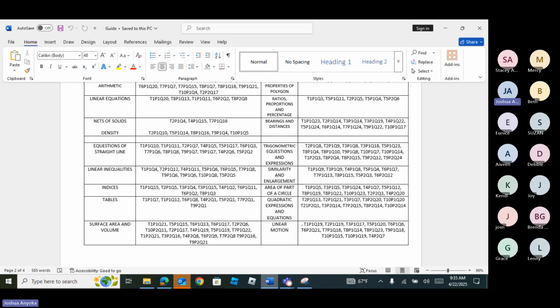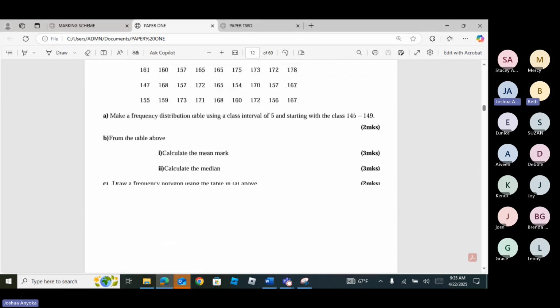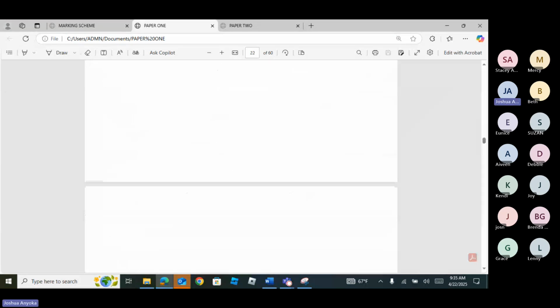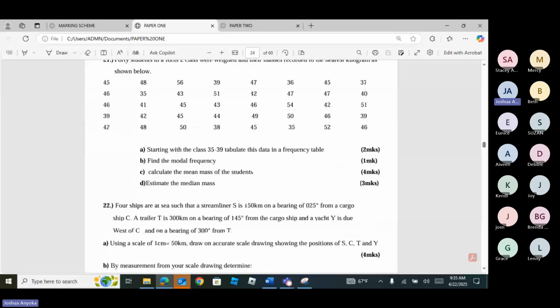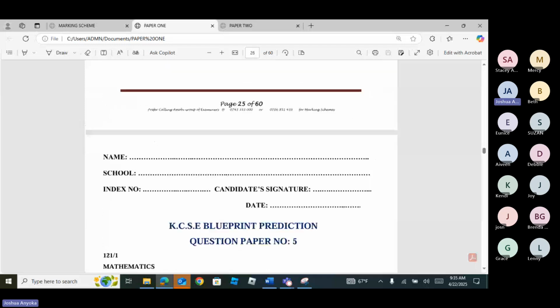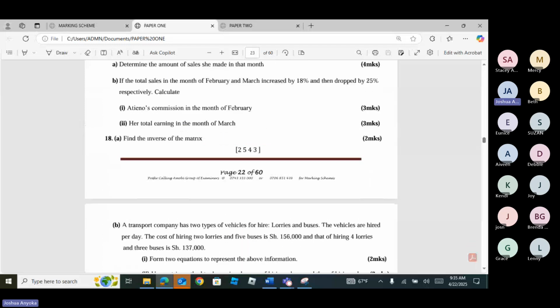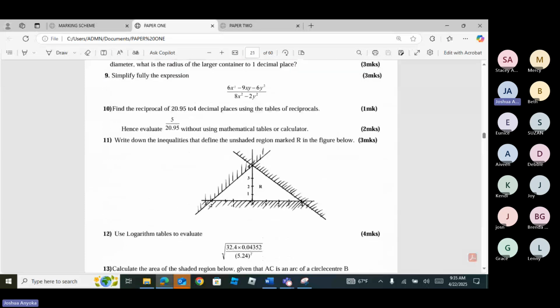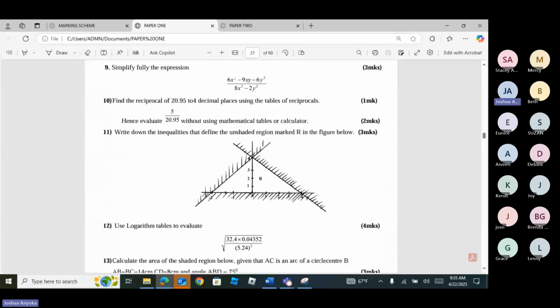Trial 4, paper 1, question 11. Number 11. I want you to find it. Trial 4, paper 1, number 11.